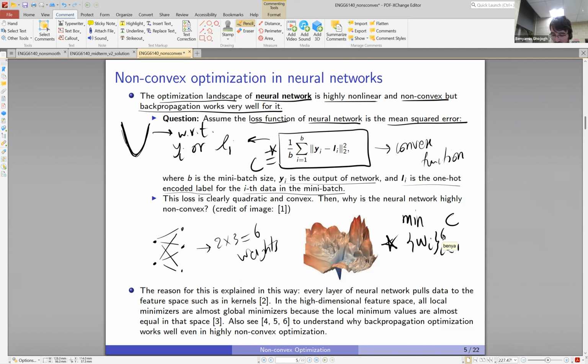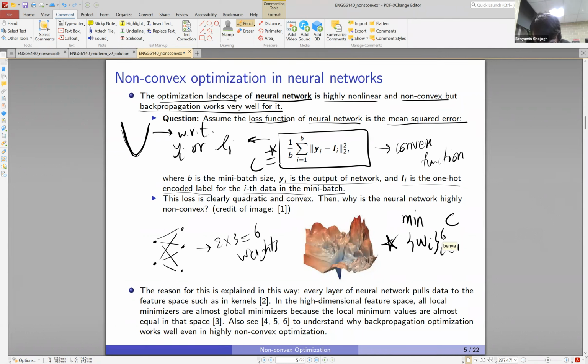Of course, it's not a variable. But yi, you might think it is a variable because this is the output of the neural network, but you're not optimizing it. Your optimization variables are the weights. By tuning the weights, you will generate some yi to have a small loss value, right?